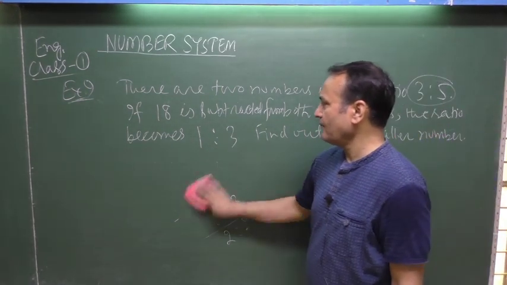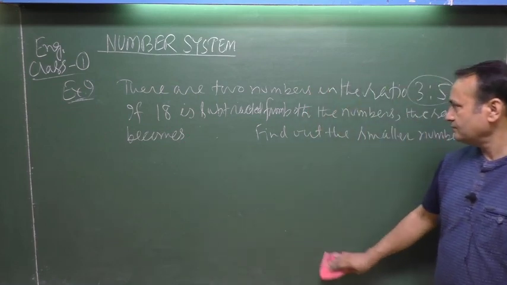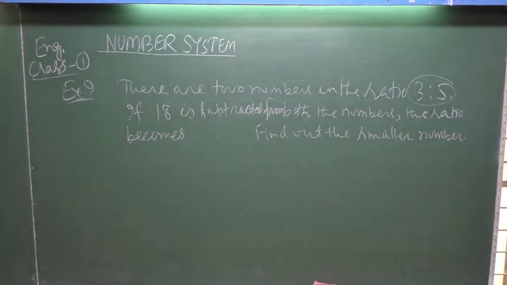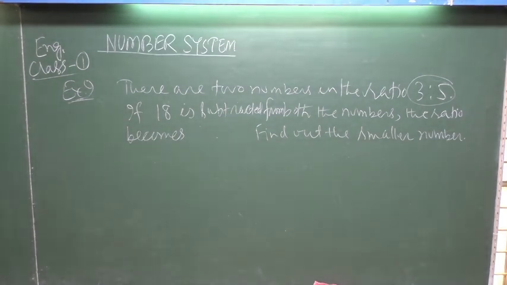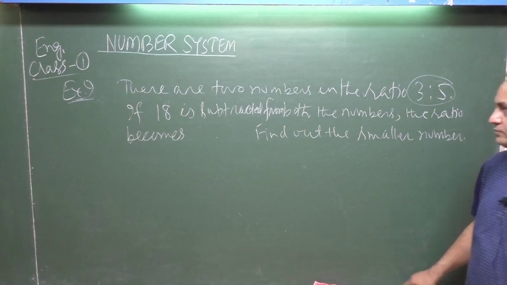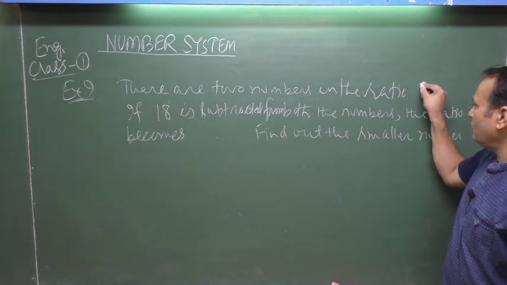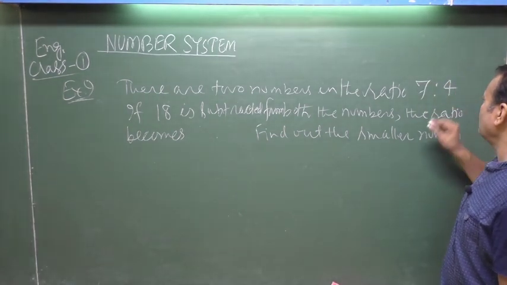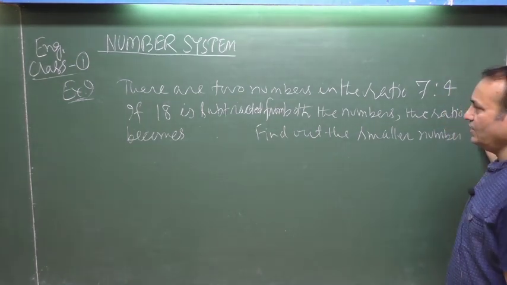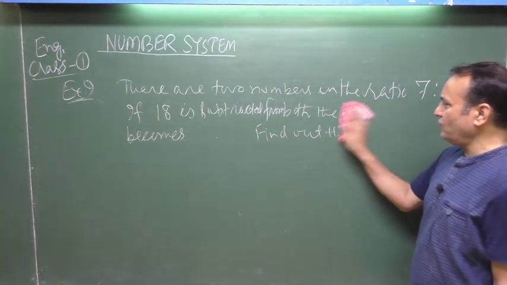Now, next, there are 2 numbers in the ratio 7:4.